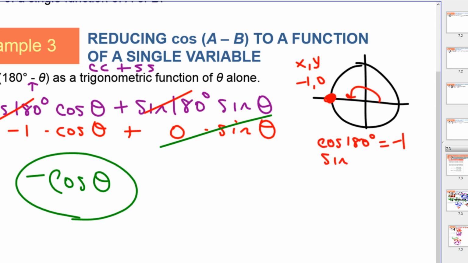And I know sine 180 is talking about the y coordinate, so that's 0. So all I did was I filled in cosine 180 was -1 and sine 180 was 0. All right, then everything's going to start canceling out, falling out. 0 times anything is 0, right?